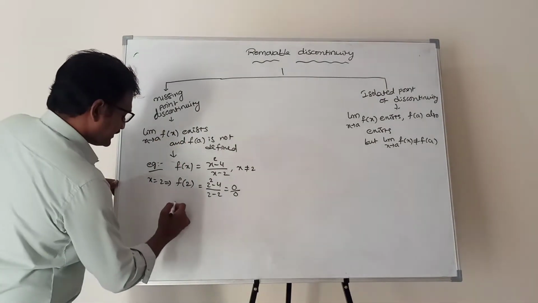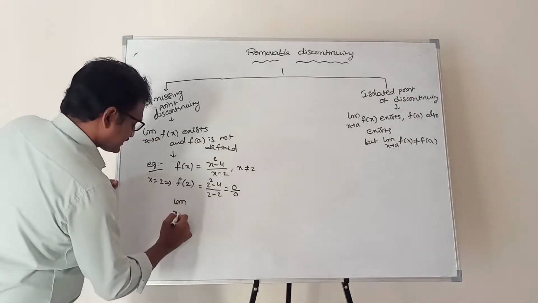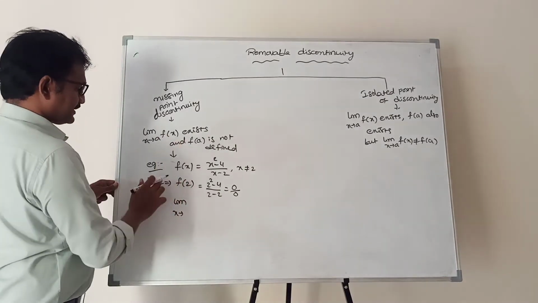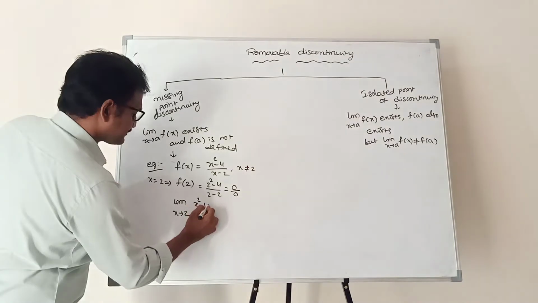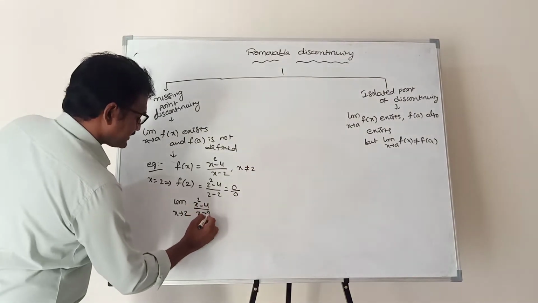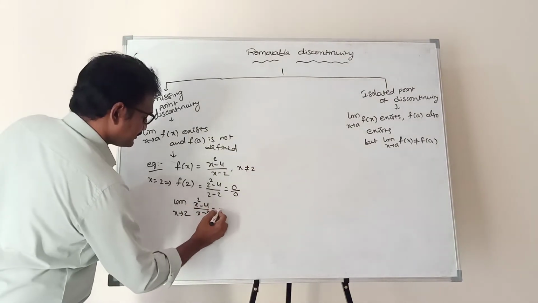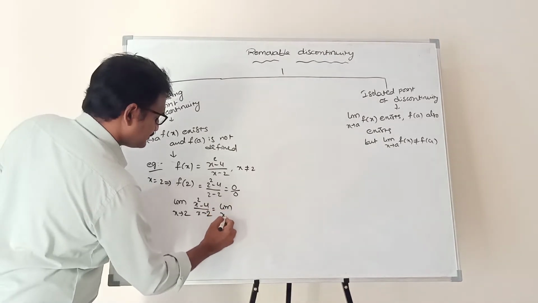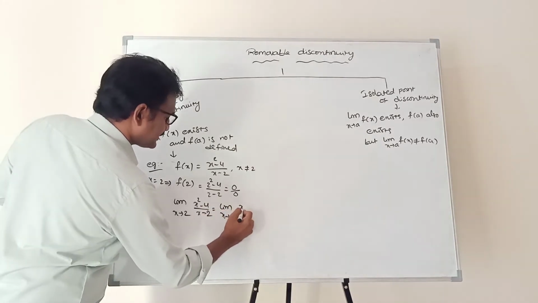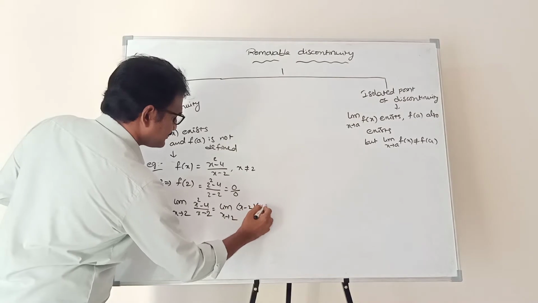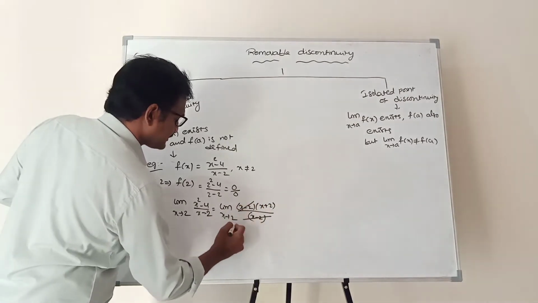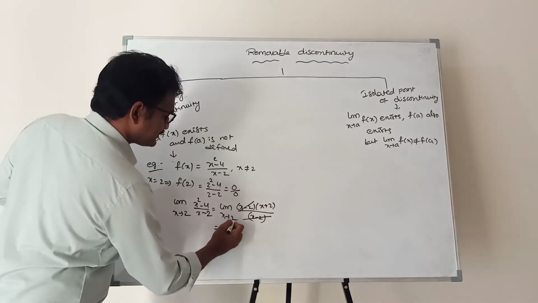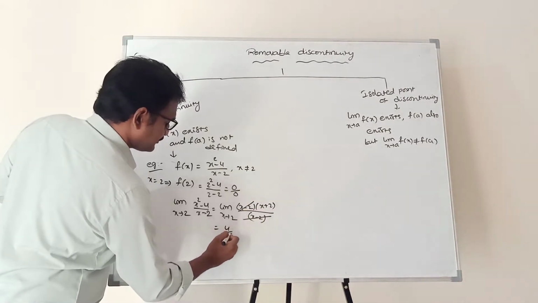Next, apply the limit: limit x tends to 2 of x square minus 4 by x minus 2. We can write x square minus 4 as x minus 2 into x plus 2, by x minus 2. The x minus 2 terms cancel. Then x is 2, so 2 plus 2 is 4.